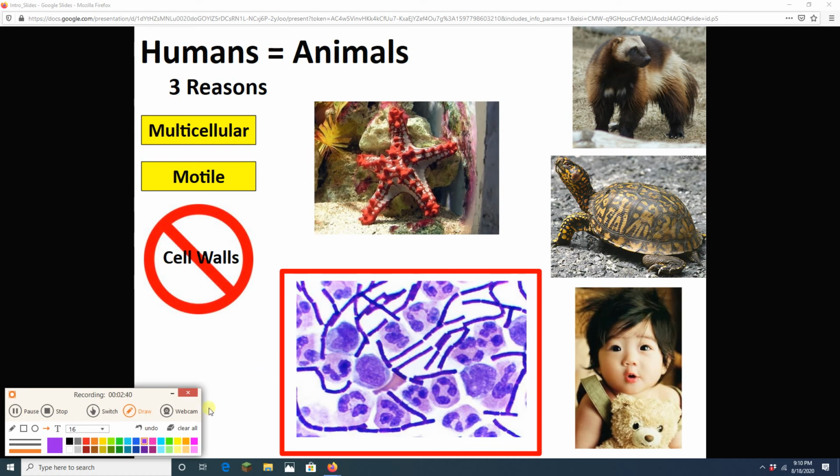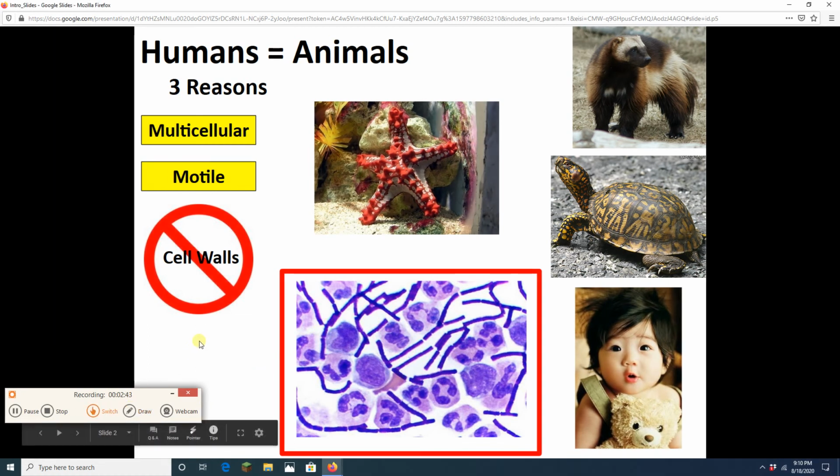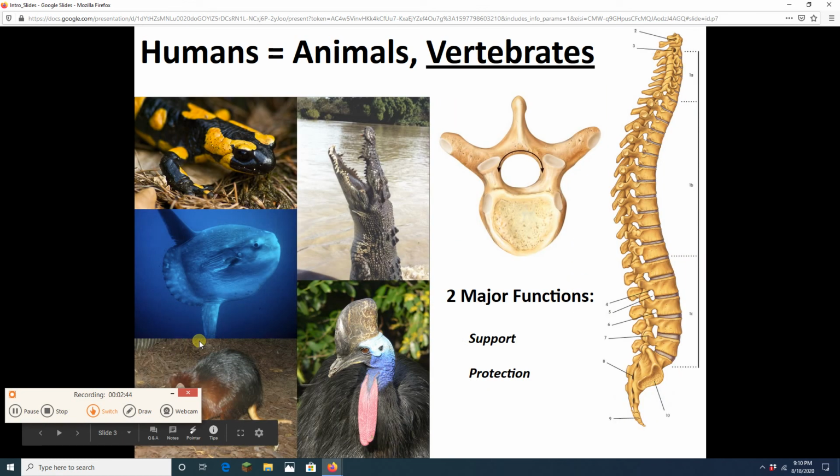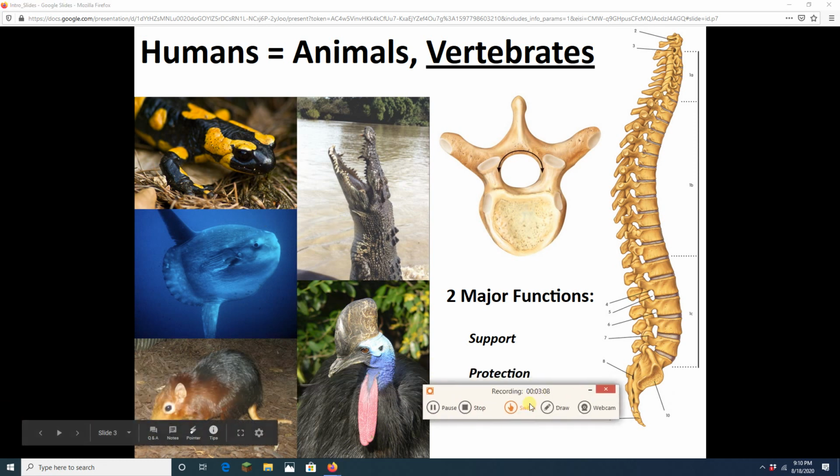Okay, besides being animals, what else are we? We are vertebrates. We are vertebrates because we have a vertebral column that supports our body weight and protects our spinal cord. If you've gotten to lab number 2, you already know a little bit about the vertebral cavity. So we are vertebrates, like this fish, this crocodile, this lizard, the hiding bird down there.